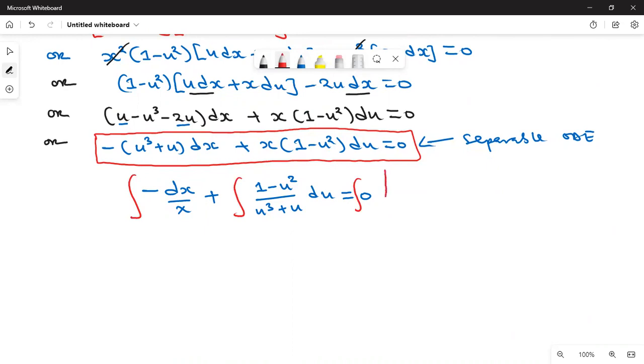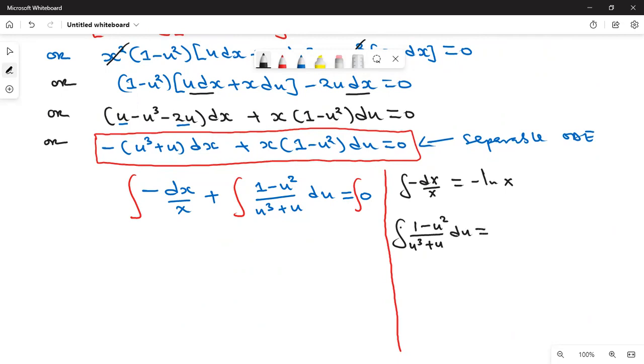So the question is, let's work out these integrals. What is the integral of negative dx over x? That should give us negative ln x. What about the integral of 1 minus u squared over u cubed plus u du?